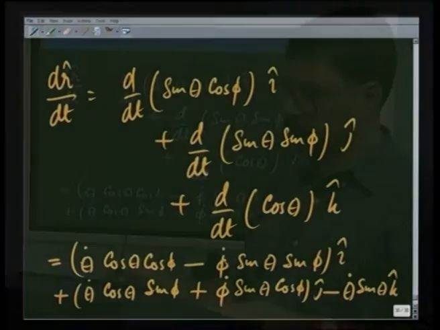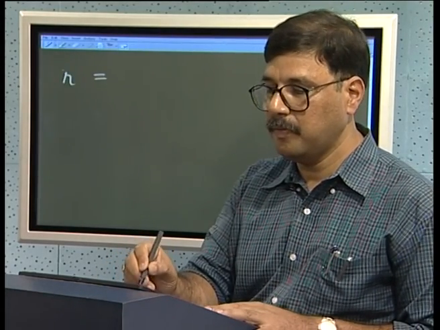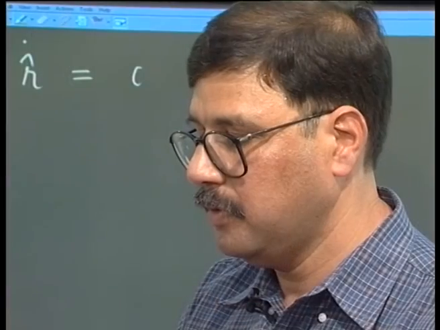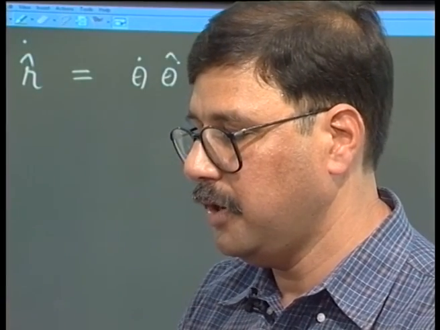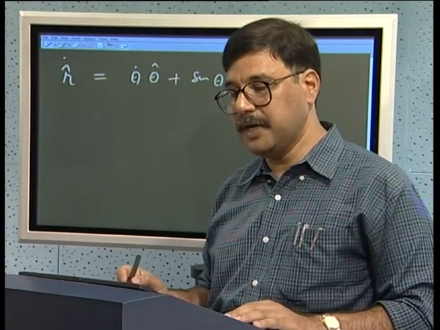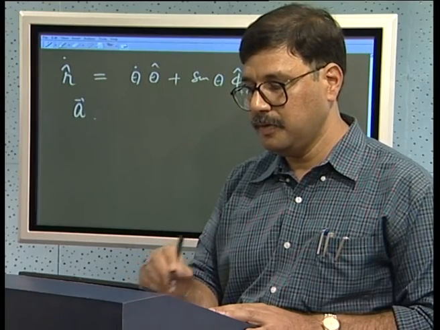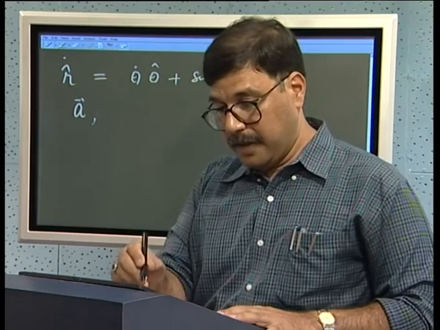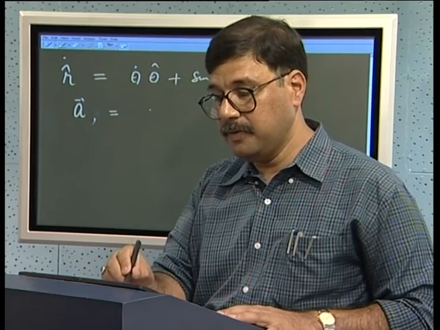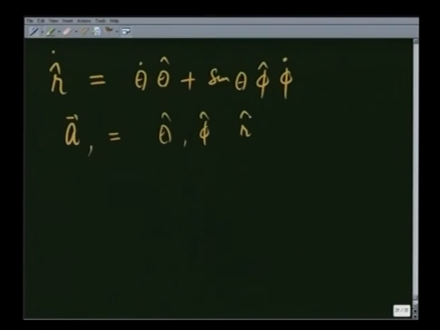If you collect all the terms together, you can see easily that this comes out to be equal to theta dot theta plus sin theta phi dot phi. Rest of the exercises, that is calculating the acceleration and finding it in terms of theta, phi and r, I will leave as exercise for you.